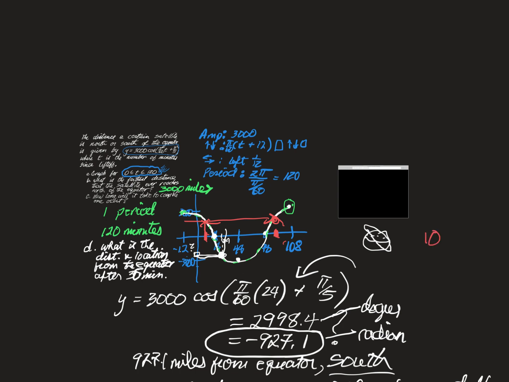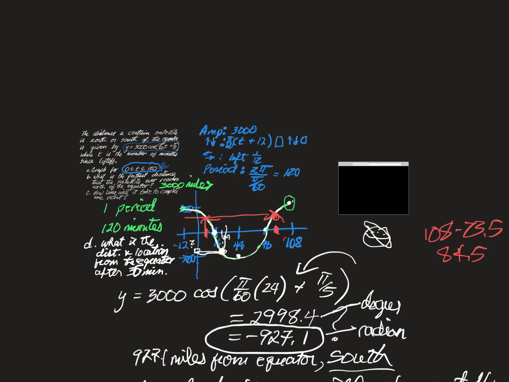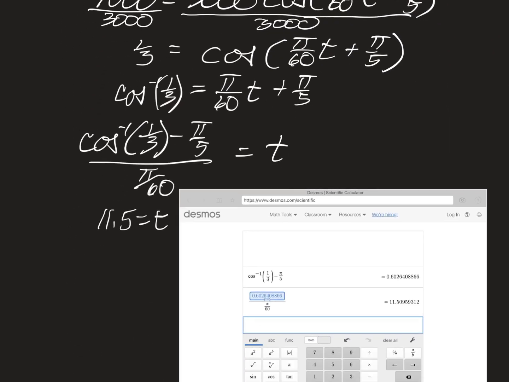So if you do 108 minus 23.5, you'll be at 84.5. All right, I believe that would be correct. Yeah, and this is 78. So yeah, that's about right, just looking at the graph.